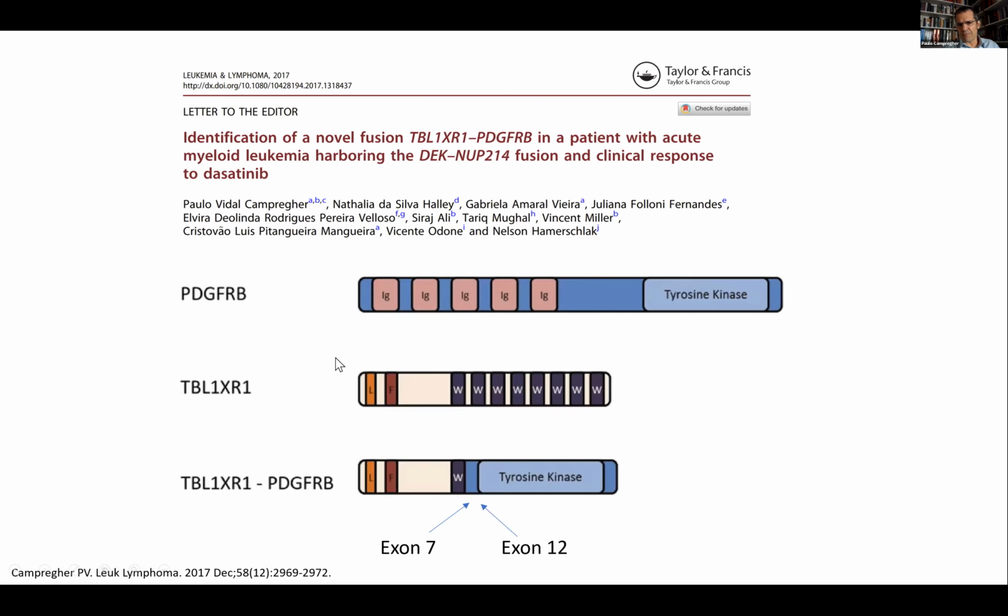We published this case in a letter in 2017. When we look at the anatomy of the fusions, we see that here we have PDGFR beta, TBL1XR1, and this is the fusion, right? So the fusion was with exon 7 of TBL1XR1 with exon 12 of PDGFR beta, tyrosine kinase domain totally preserved, and the fusion was in frame.